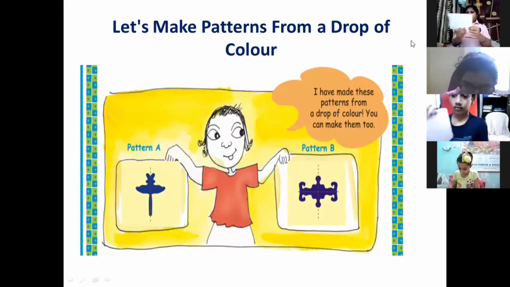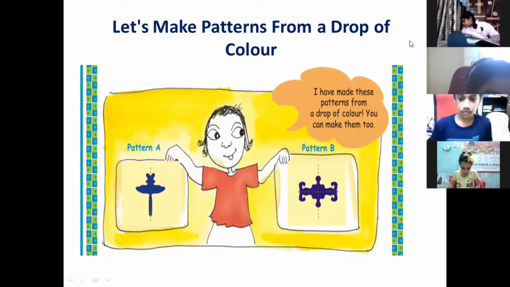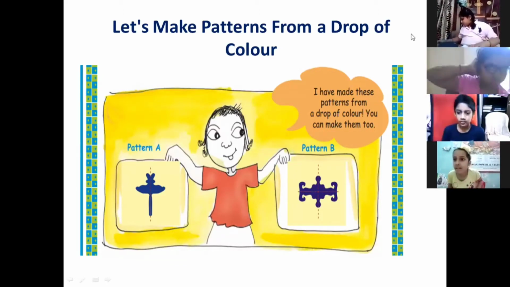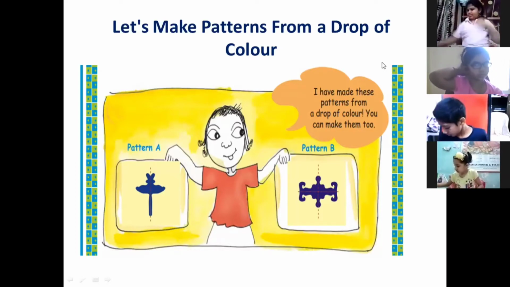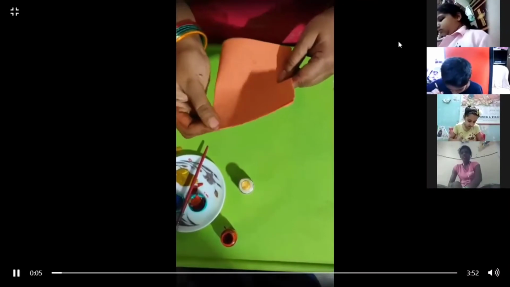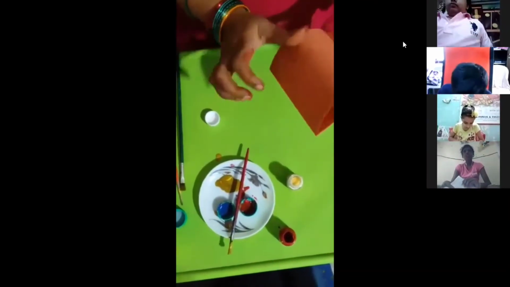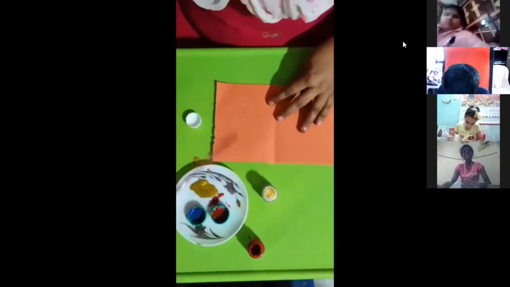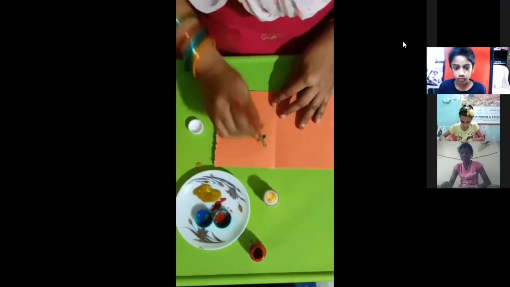Now sprinkle some color on the paper. Open it, and sprinkle some color on the paper. You can use different colors. Fold it and press it. Now sprinkle some color here.